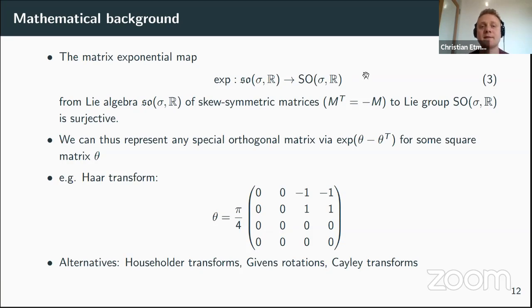So we can produce any special orthogonal matrix by exponentiating some skew-symmetric matrix, which we can simply produce by theta minus theta transpose. This is a full parametrization, even an over parametrization of the skew-symmetric matrices.